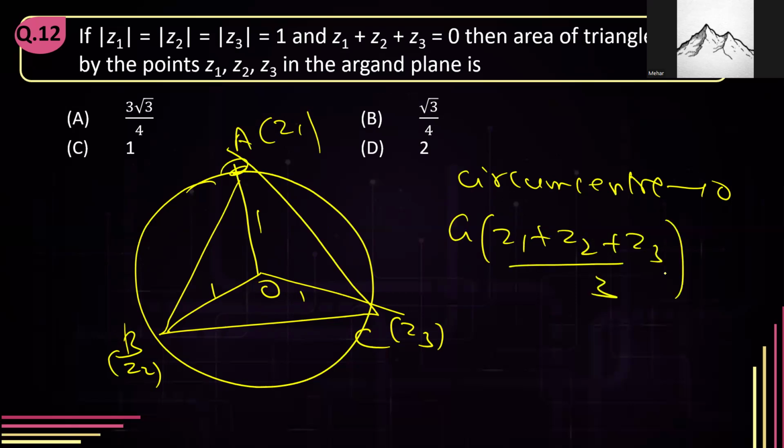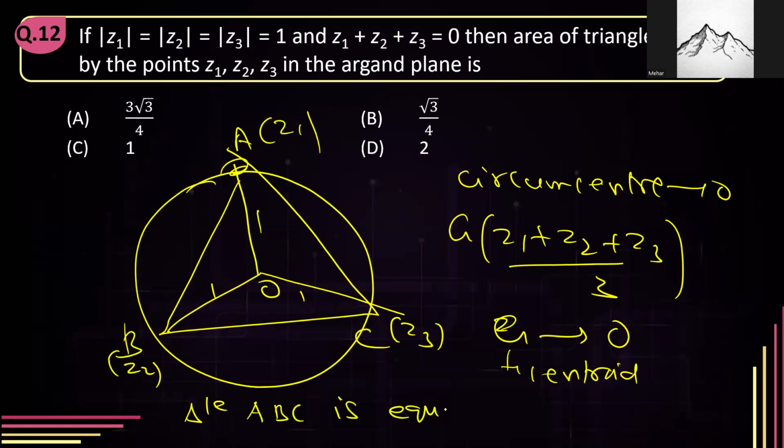But they gave Z1 plus Z2 plus Z3 is 0, which means G is the origin. And when can circumcenter and centroid coincide? Only for an equilateral triangle. So therefore, you can say the triangle is equilateral. Triangle ABC is equilateral. Once you conclude it is an equilateral triangle, now let's see how to find the area of this equilateral triangle.